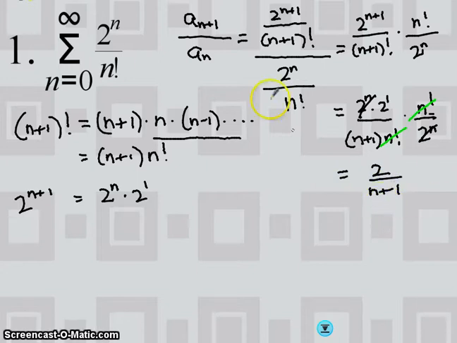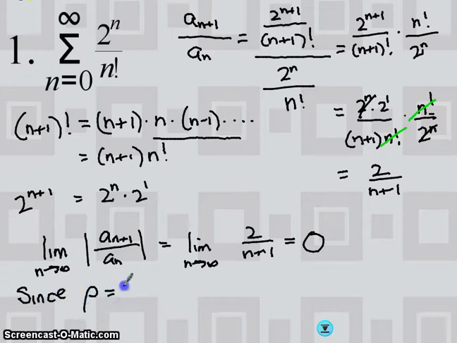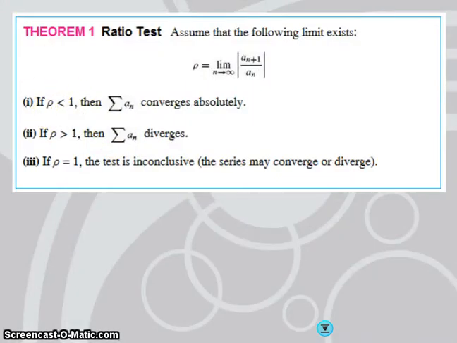So I did the work outside of the limit. I'm stressing notation, so I do all that work outside of the limit, not finding the limit yet. So now the limit of the absolute value of a sub n plus 1 over a sub n is really equal to the limit as n approaches infinity of 2 over n plus 1. Evaluating this limit, you're going to see that it is equal to 0. So since this is equal to 0, that's rho from here, that's where I'm getting it.